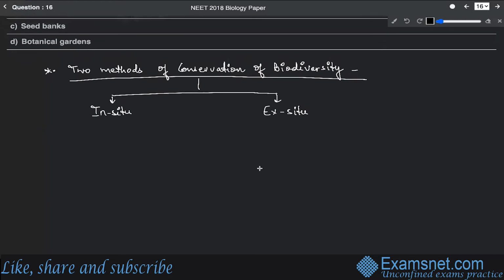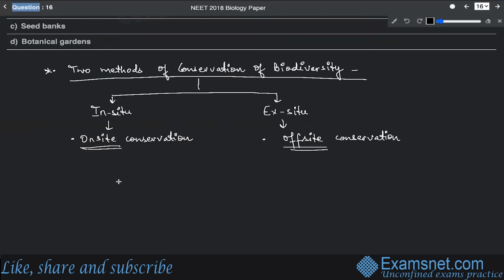In situ is on-site conservation, conservation within its natural habitat, while ex situ is off-site conservation, that is, conserving a particular species or animal by taking that organism outside its natural environment.